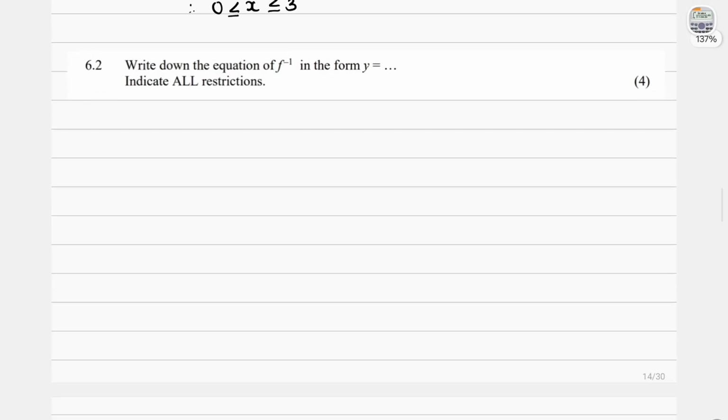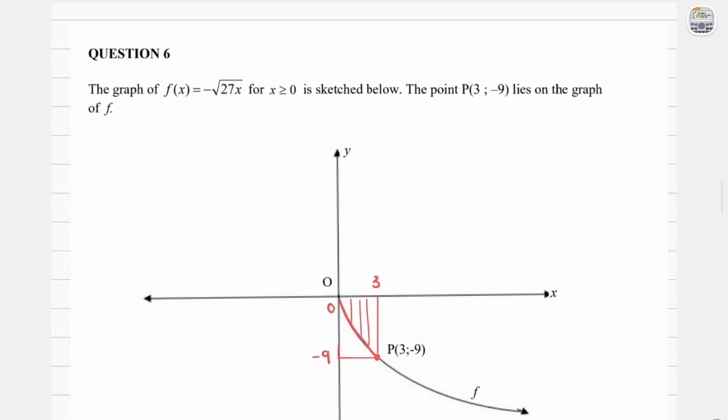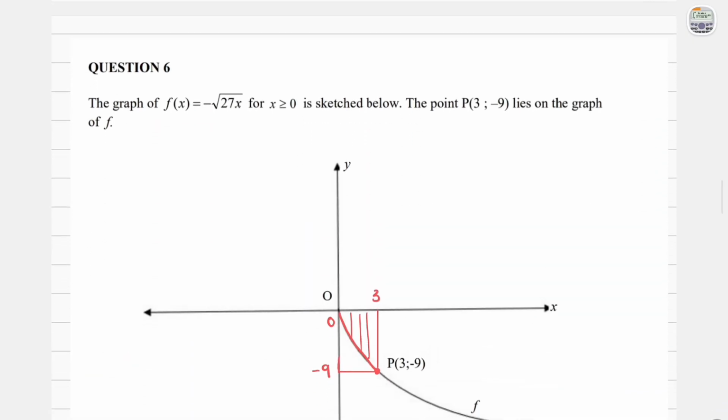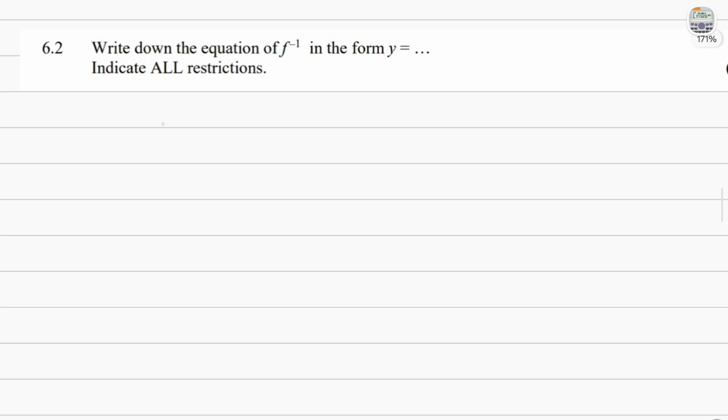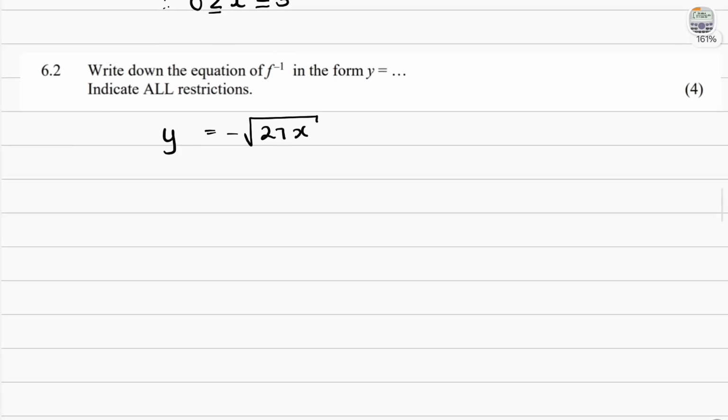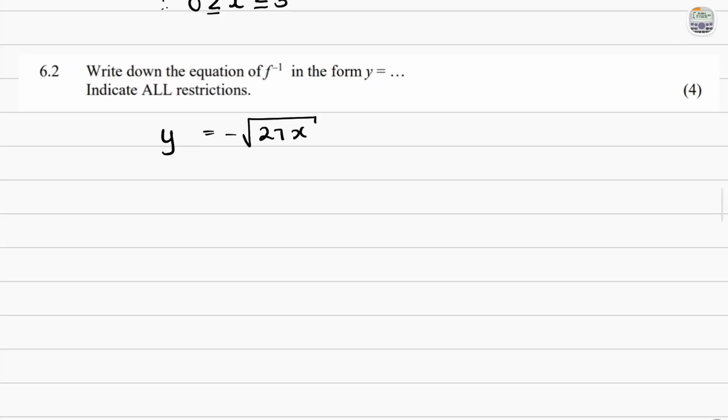Question 6.2 says, write down the equation of the inverse in the form y equals, but you need to indicate all restrictions, and they emphasize all. So let's take the original, and we need to find the inverse from this. The original is f of x is equal to negative square root of 27x. We can just call it y is equal to, so we can already work on switching x and y.